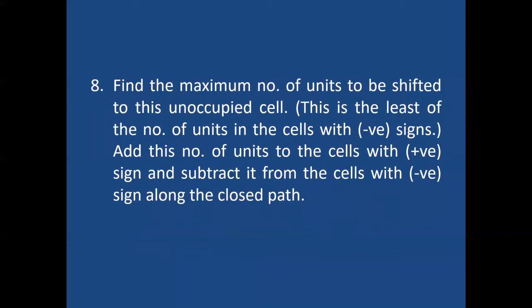This is the least of the number of units in the cells with negative signs. That means if there are 2-3 cells having negative signs, from those you have to select the least number. Now add this number of units to the cells with positive sign and subtract it from the cells with the negative sign along the closed path.